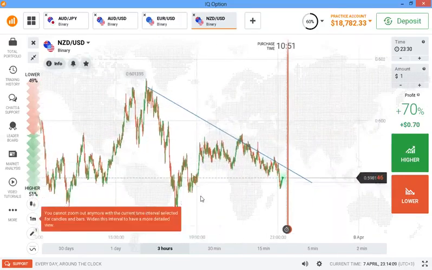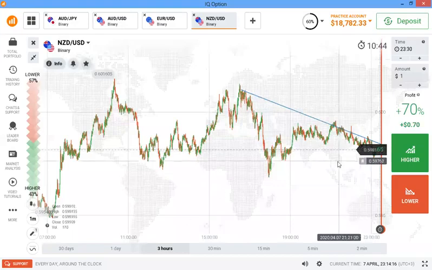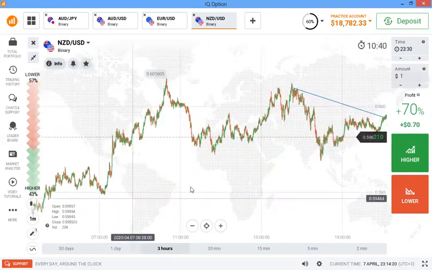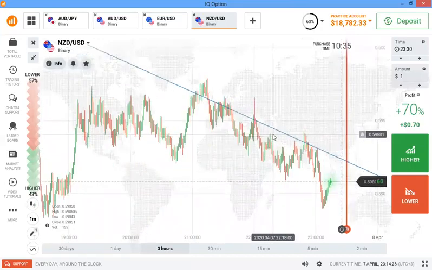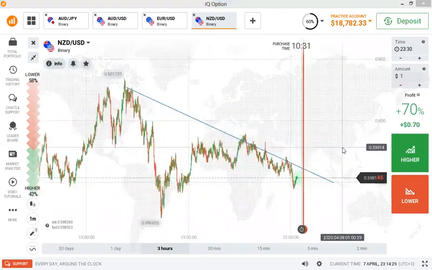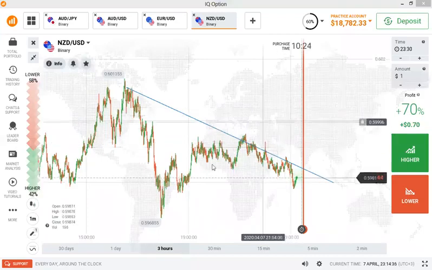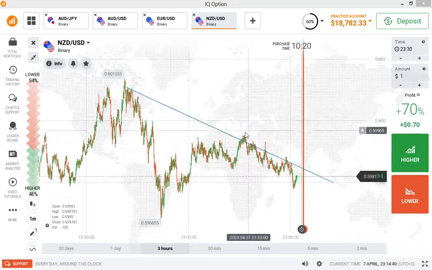And if I want to check the other side, I may say, let me connect it from here to here to draw my second level, which is the support level. So now I have gotten my downtrend here. That means that the market now is in a downtrend. So now I have drawn the trend here.